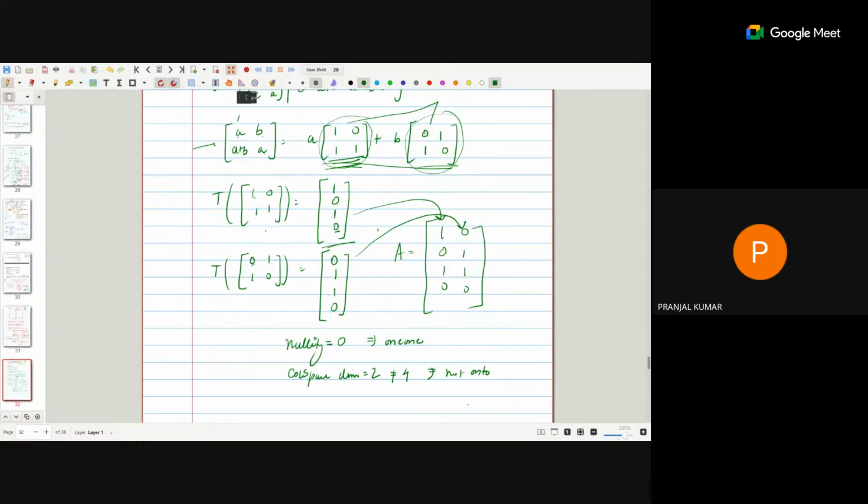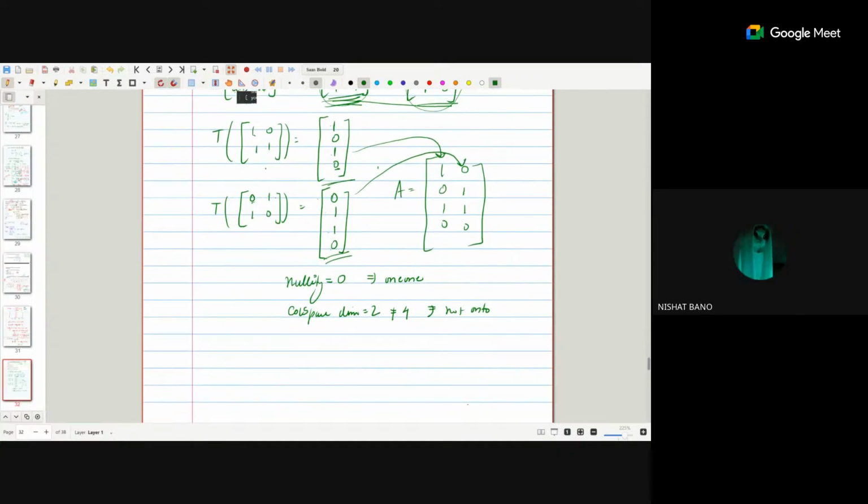Yes or no? Yes, sir. Now you have the matrix in your hand. Can you tell me the nullity, the 1-1 and onto nature of it? If you reduce it, you will get a matrix like this: 0, 1, 0, 0, 0, 0.